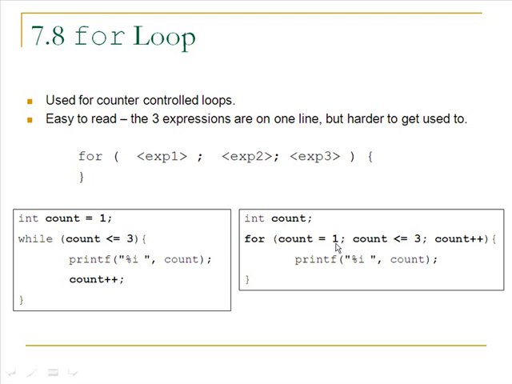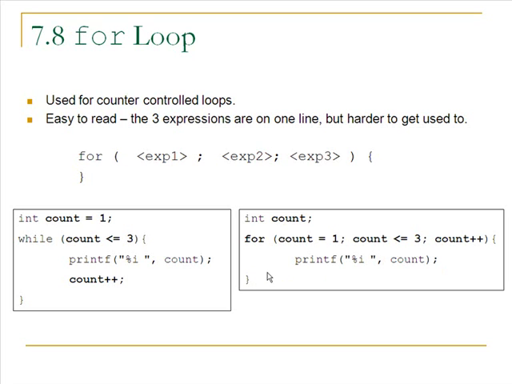So the initializer expression happens only once, and then the Boolean expression, or the stop condition, happens each time at the top. So count is less than or equal to 3. If that's true, then we're going into the body of the loop. Expression 3 happens as if it were on its own line right here at the bottom.